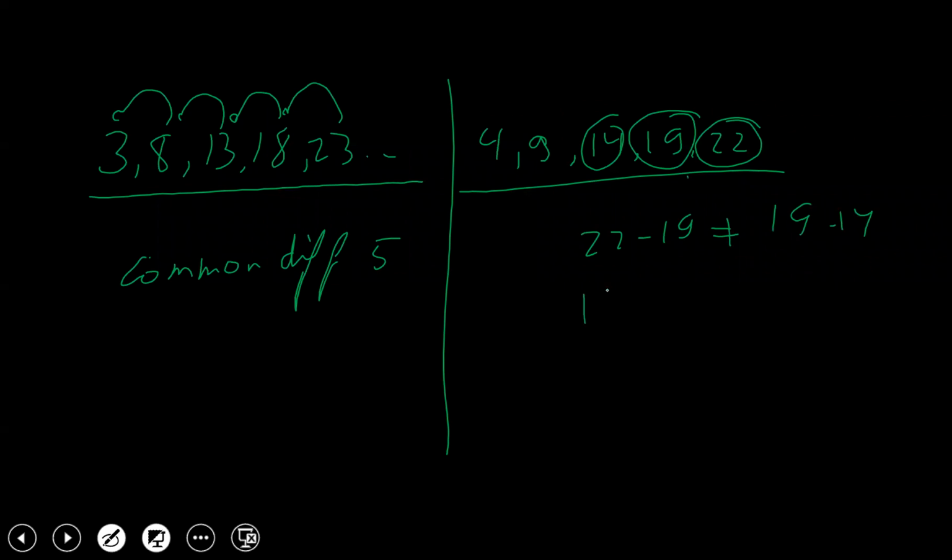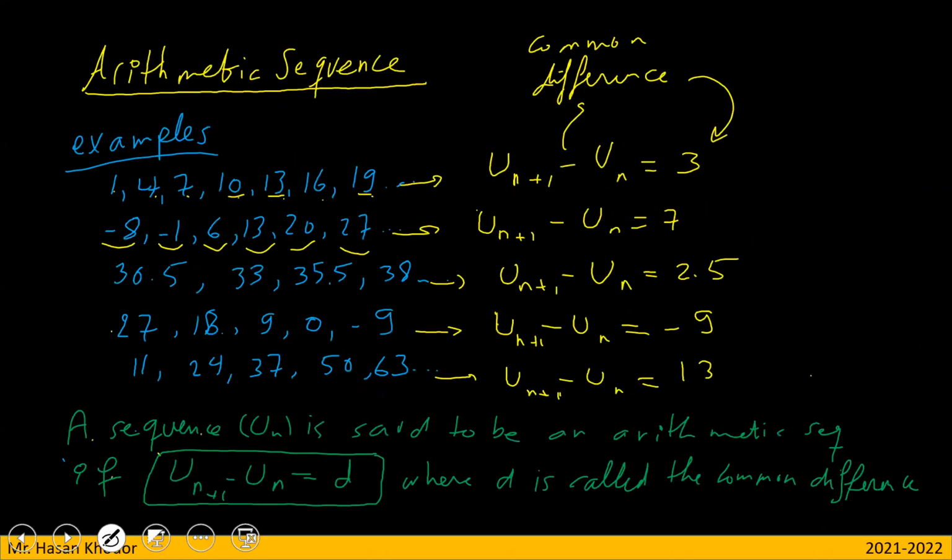So this sequence is not an arithmetic sequence. However, this one is an arithmetic sequence. So again, in the definition of an arithmetic sequence, we must always have a common difference. Okay?